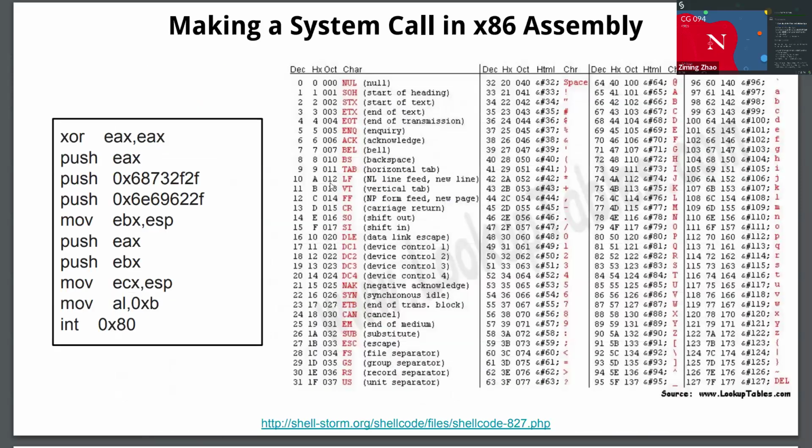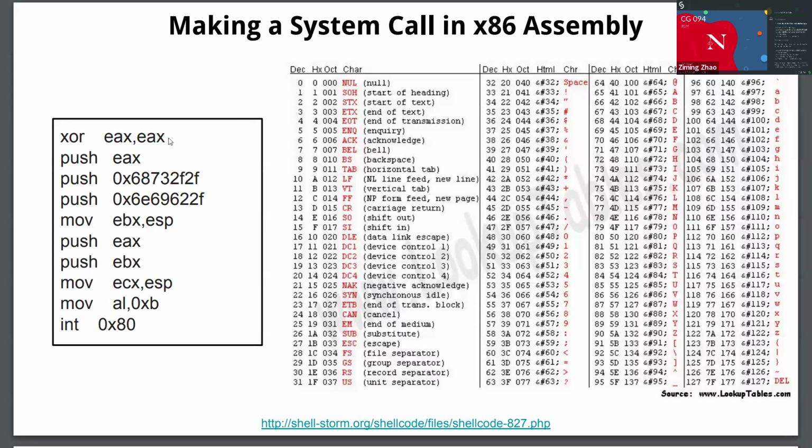Then let's take a look at this piece of code. Then I guess we will be done after this today. Let's look at this piece of code and try to understand what it is doing. It has 10 instructions. The first instruction is exclusive OR EAX and EAX.